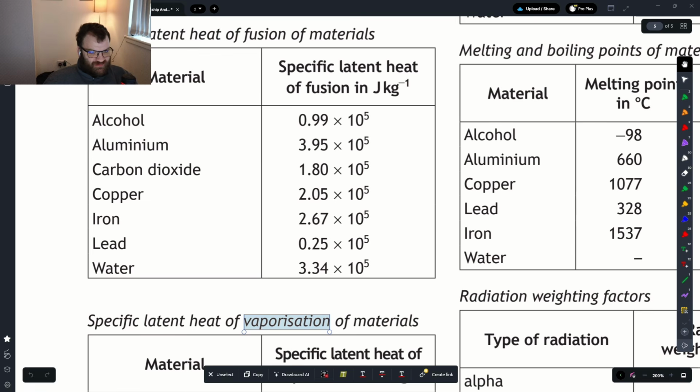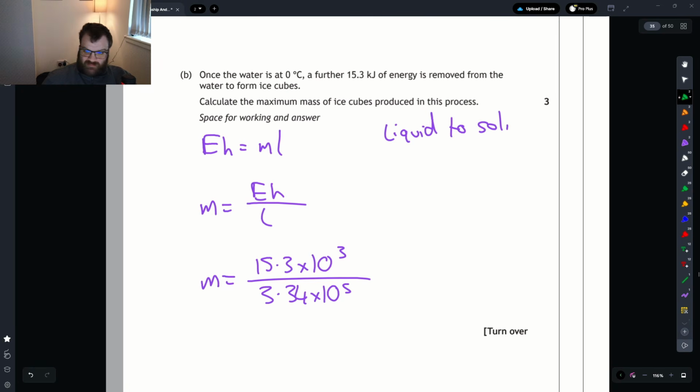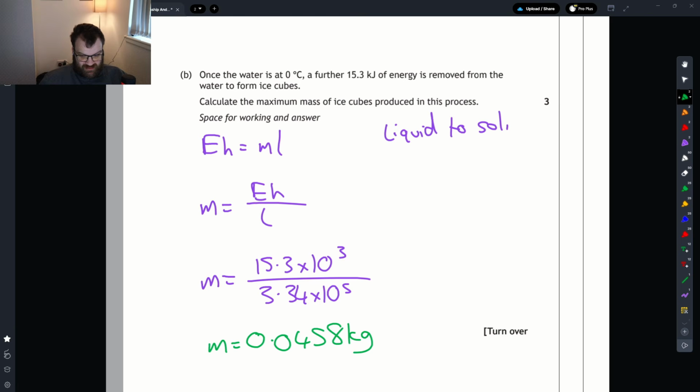We're not dealing with that. We're dealing with the top one, and for water it's 3.34 times 10 to the power of 5. Then this will give us a mass in kilograms, which is 0.0458 kilograms. That's our final answer.